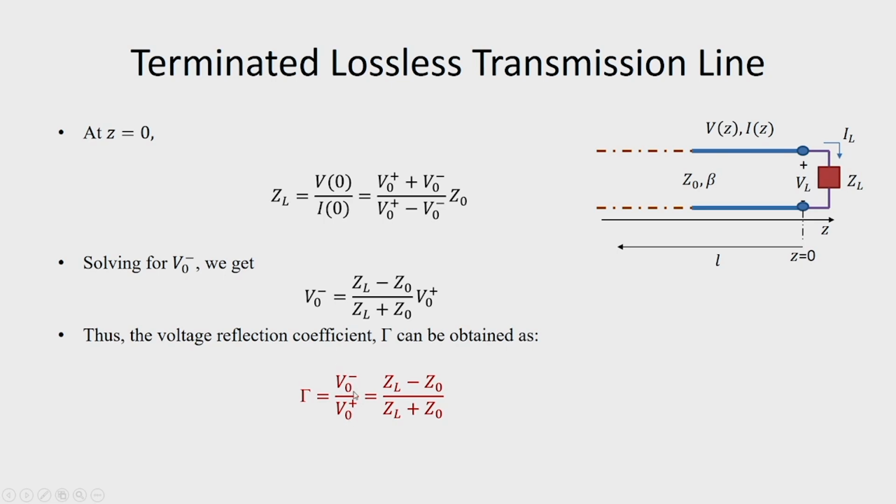This is the reflected voltage at the load, and this is the incident voltage at the load, and their ratio of the reflected voltage to incident voltage is the reflection coefficient, and we can find this reflection coefficient gamma to be ZL minus Z naught divided by ZL plus Z naught. So, given the load and the characteristic impedance, we can find out the reflection coefficient at the load.